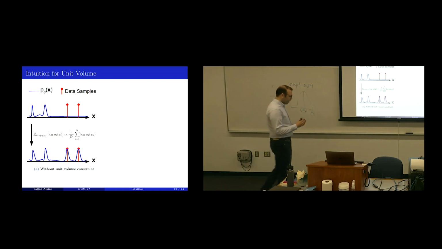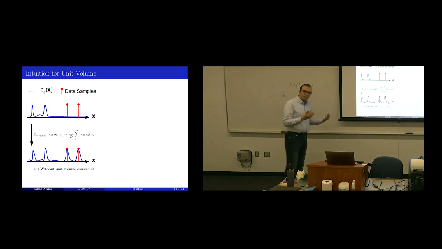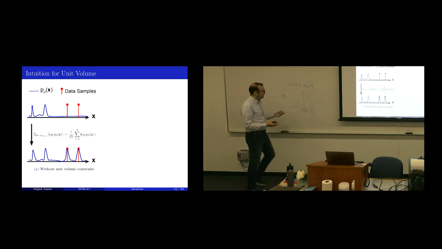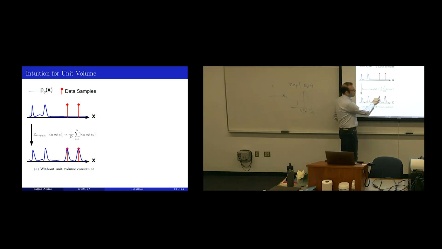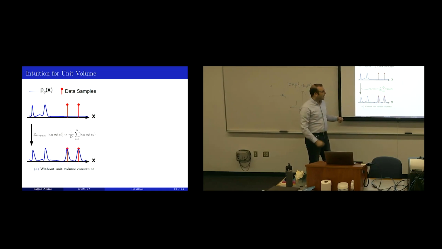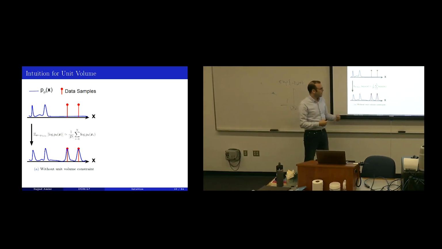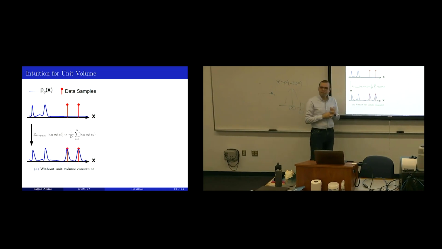So one question is, why do we need normalization? This example can provide some intuition. Assume that your data samples are these two lines, and your model is the blue curve. When maximizing the likelihood of your data set, we sample from the data set, so I sample this point, because I do not have any other points. Then we change the model so that it gives high probability to those points.